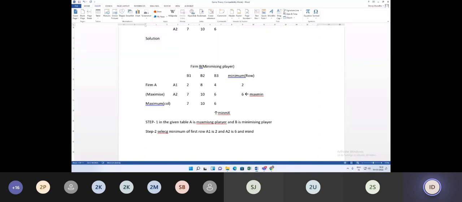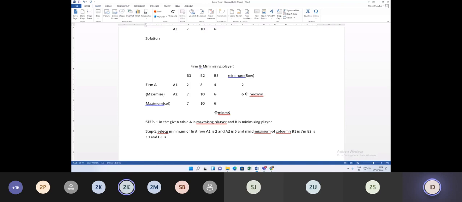Find the maximum of the column. B1 is 7, B2 is 10, B3 is 6.